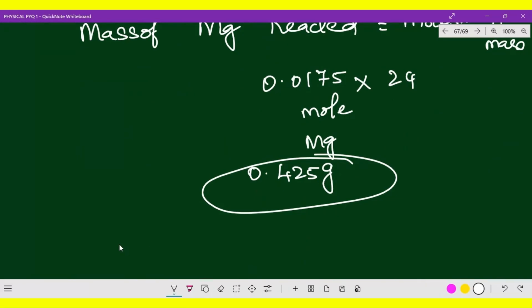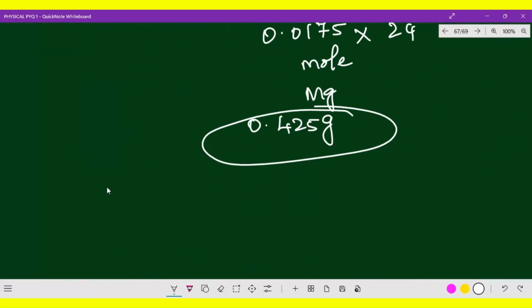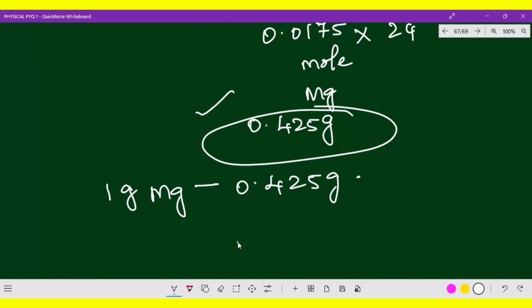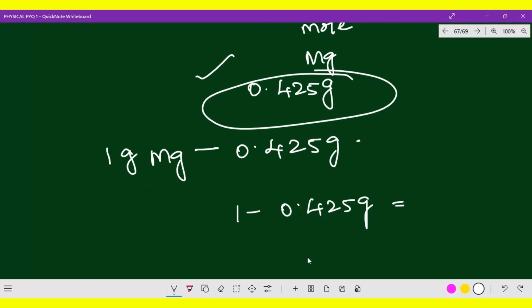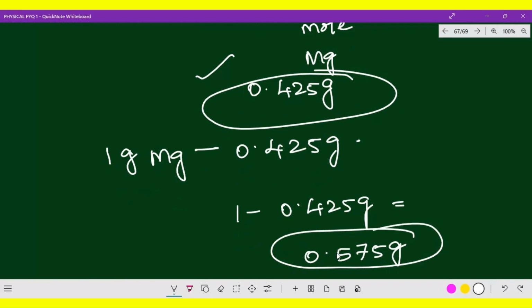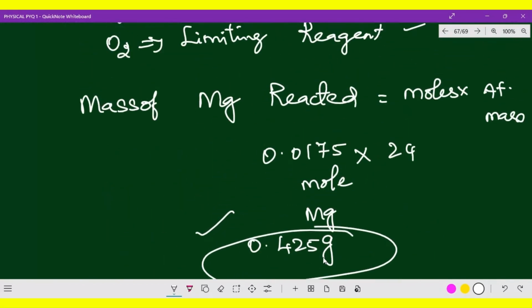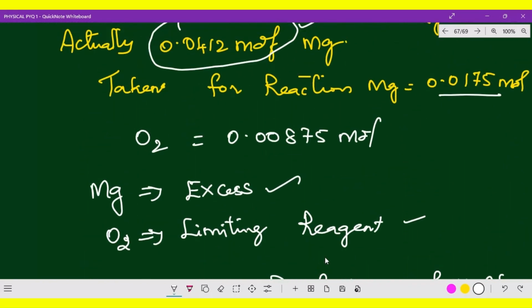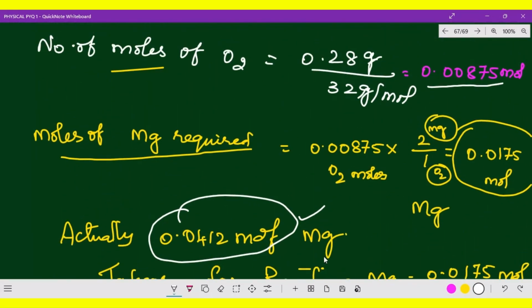Initially we took 1 gram of magnesium, so 1 minus 0.425 gram reacted. You will get around 0.575 gram. So the excess is magnesium, and 0.575 gram is left.